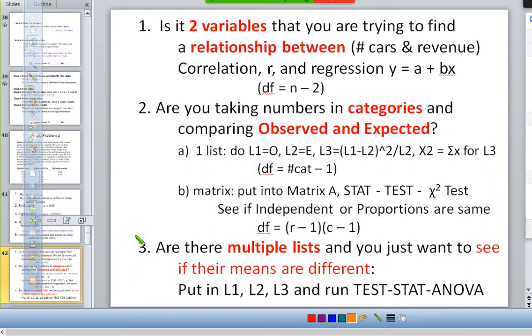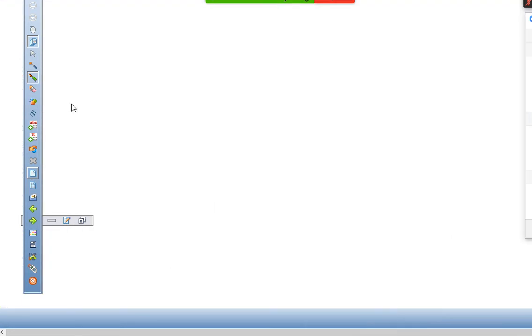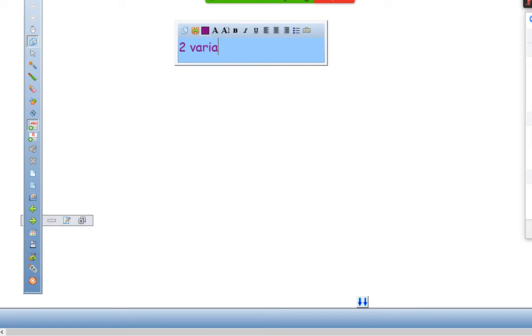So it's really important for us to be able to figure out what kinds of problems these are. So I'm just going to talk through some of the basics of these. One thing is, if there are 2 variables, there's two possibilities. Either you have two variables, or you have one variable.